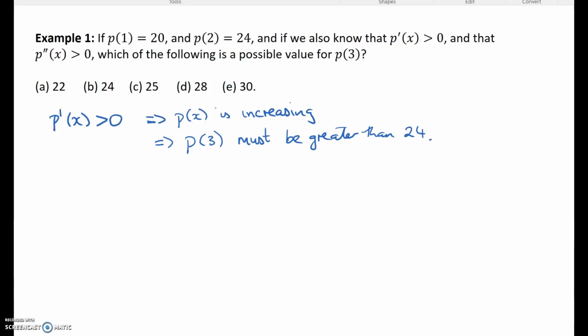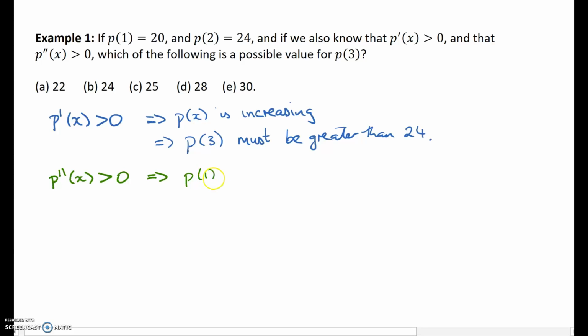Now, let's look at the other part of this, which is that P double prime of x is greater than 0. Well, that means the second derivative is increasing. What that means is that the change between successive values is increasing. So the difference between successive values of P is increasing. So P of 1 was equal to 20 and P of 2 was equal to 24.